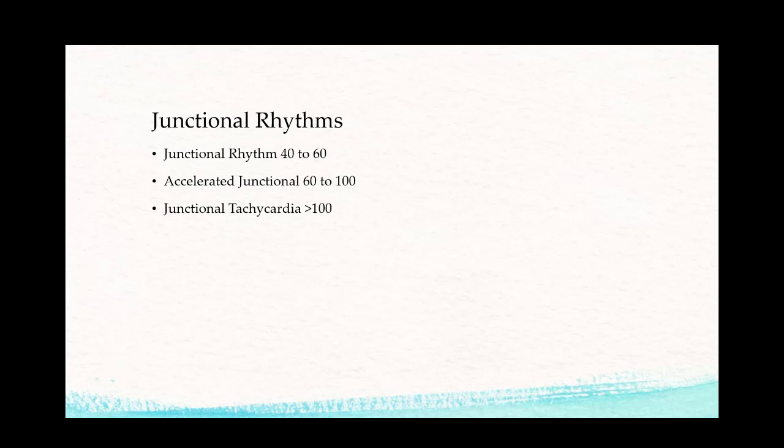Now, one of the zebras that we see, you always assume that anything you see is normal or more common before you assume that it's a zebra. Junctional tachycardia is truly a zebra. I've only seen it twice within my career. So that is when you are originating from the AV junction and you're over 100 beats a minute.